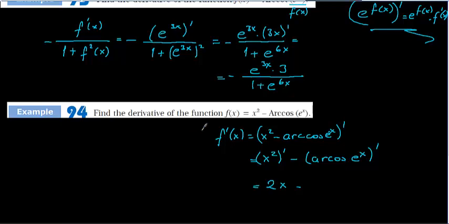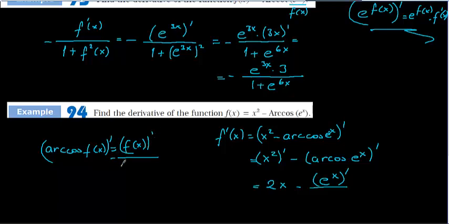So here it's going to be the derivative of arccosine f(x), which is f'(x) over minus 1 over 1 plus f(x) squared.